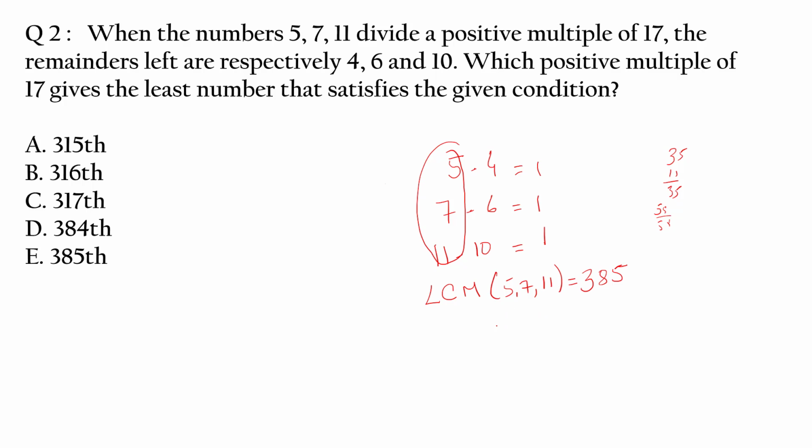So the least number which satisfies the given condition will be 385 minus 1. Why 1? Since the difference between the divisors, which are 5, 7, 11, and the remainders is 1. So 385 minus 1 is the 384th multiple of 17. In this case, the right answer is D, which is the 384th multiple.